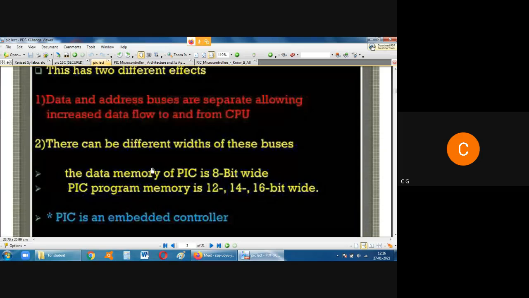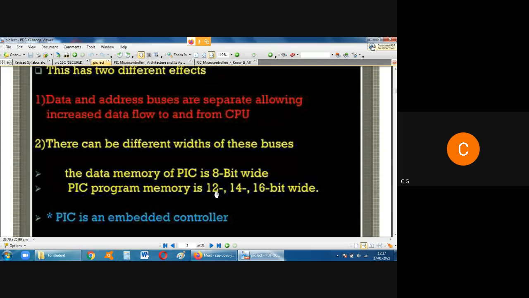Now this kind of information is not provided for our other microcontrollers, so you can try to find out what the program memory size is. In the previous versions of microcontroller, the program memory is also of similar size, 8 bit only, and it can have different addresses.